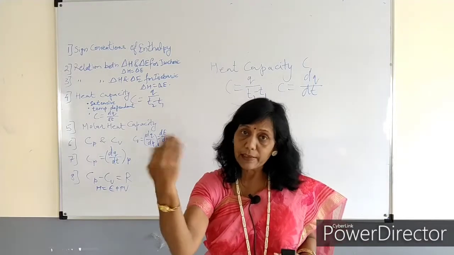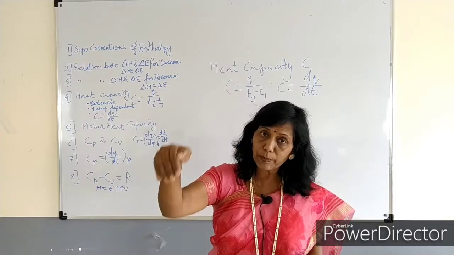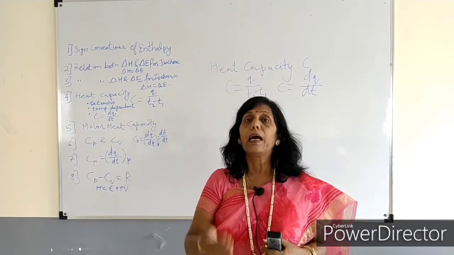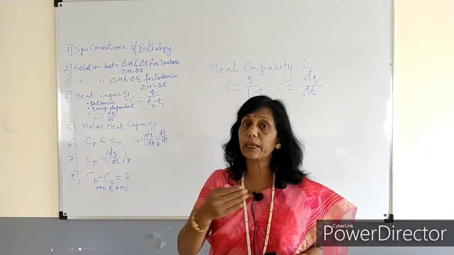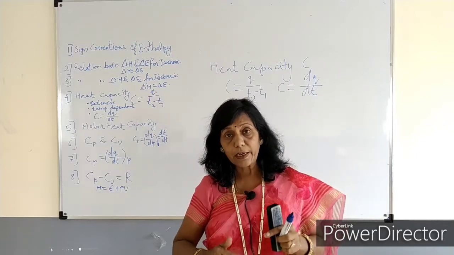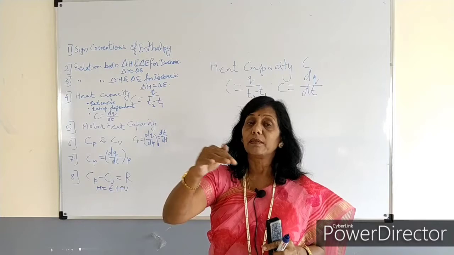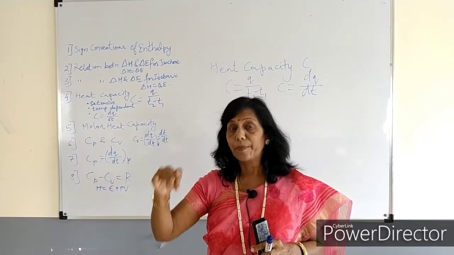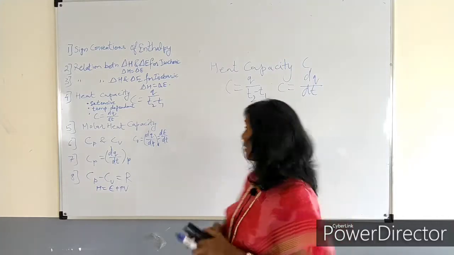Because heat capacity is directly dependent upon the mass and directly dependent upon the temperature, we can write it as C is equal to dq by dt. The change in the mass and change in the temperature directly affects the heat capacity, right?